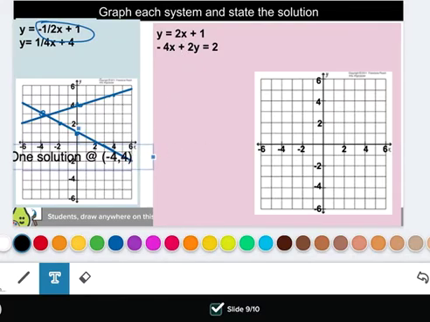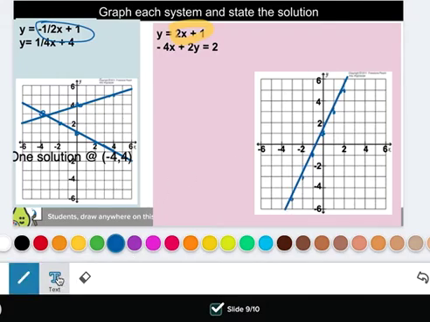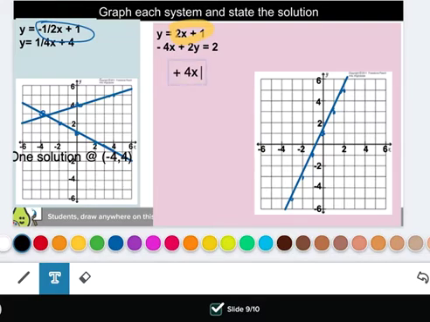This one here, let's graph this one first. You start out at 1, go up 2 over 1, up 2 over 1, and go the other way. Take your line, draw it. Now for this one here, you need to add 4x. You can't graph it because it's not in slope-intercept form. You add 4x to both sides. That's not alike, the 2 and the 4x cannot be added.